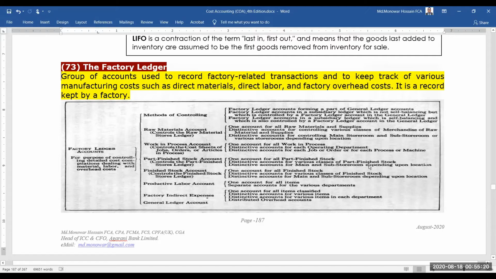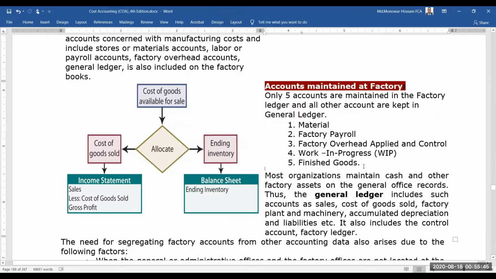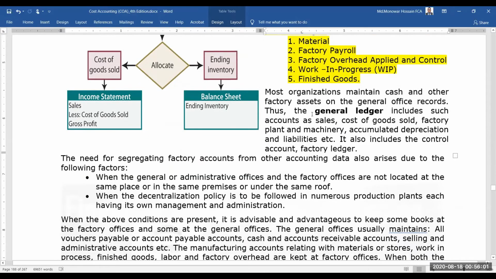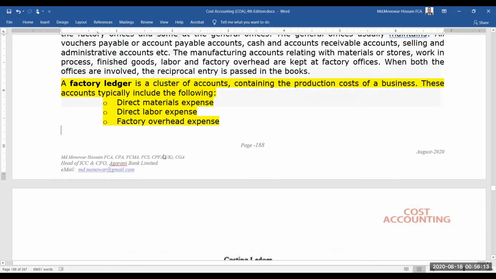Within the factory ledger, only 5 main accounts are maintained: the general ledger, material, factory payroll, factory overhead applied and control, and work in progress and finished goods. The factory ledger is a cluster of accounts containing the production cost of a business. These accounts typically include direct material expense, direct labor expense, and factory overhead expense.